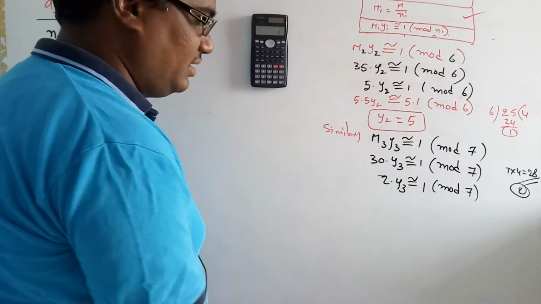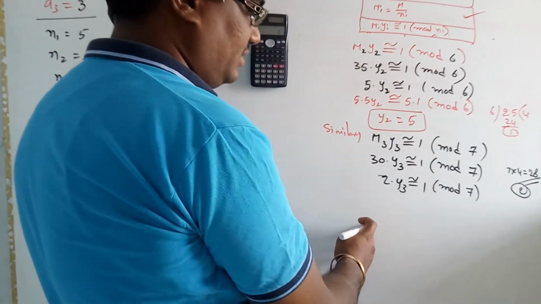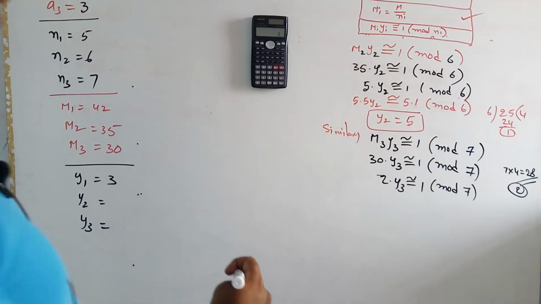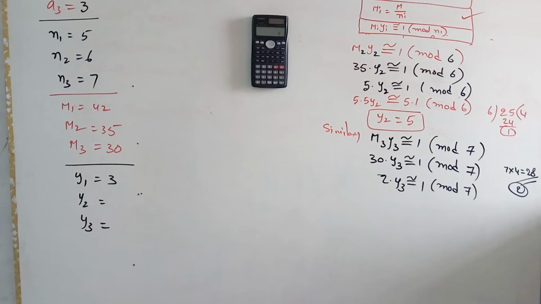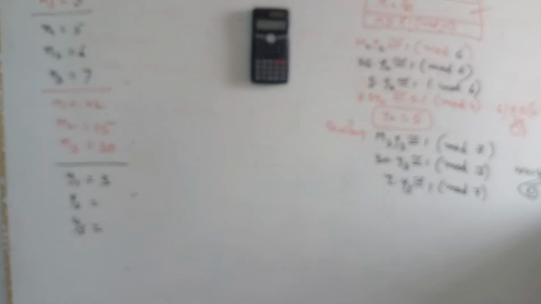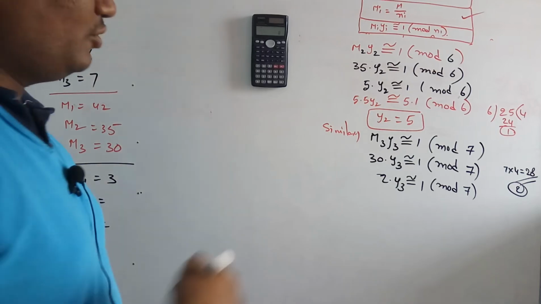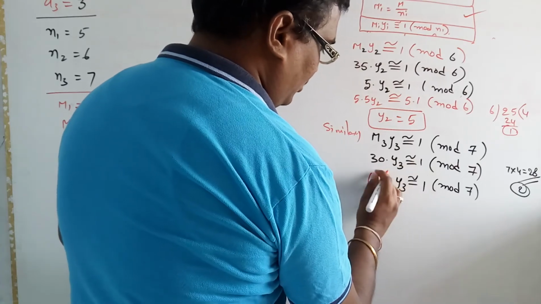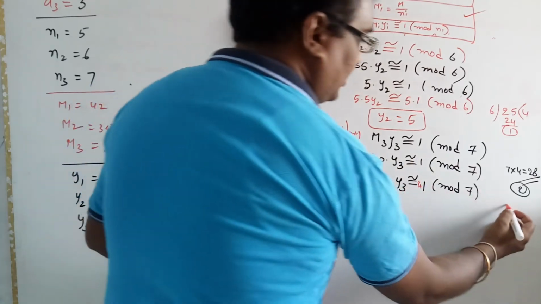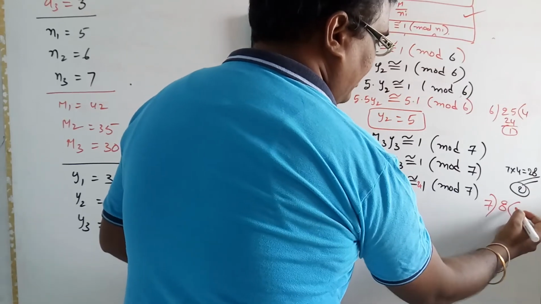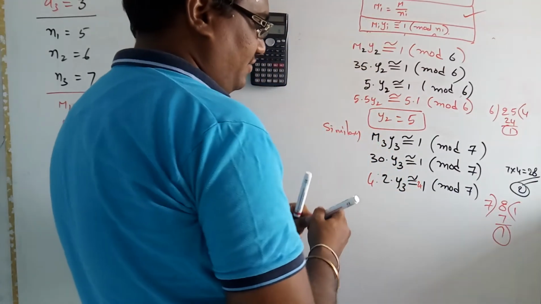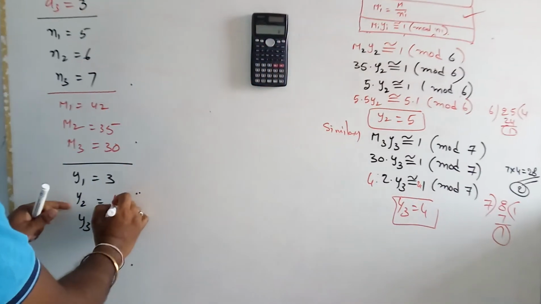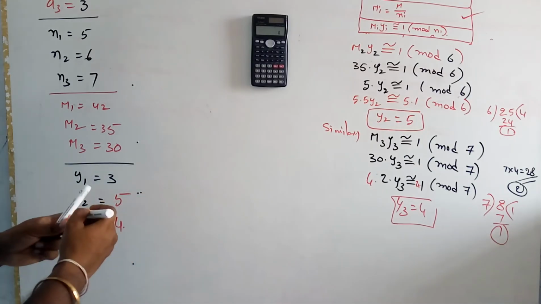Multiply both sides by 4: 4 into 2 and 4 into 1. 4 twos are 8; dividing by 7, 7 ones are 7, remainder 1. Therefore, Y3 is equal to 4. So Y1 is 3, Y2 is 5, Y3 is 4.